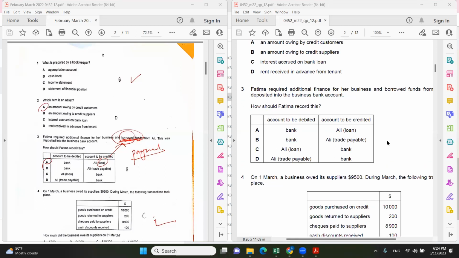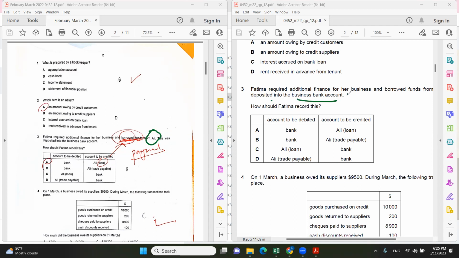Question 3. Fatima required additional finance for her business and borrowed funds from Ali. He borrowed from Ali and deposited into the bank.